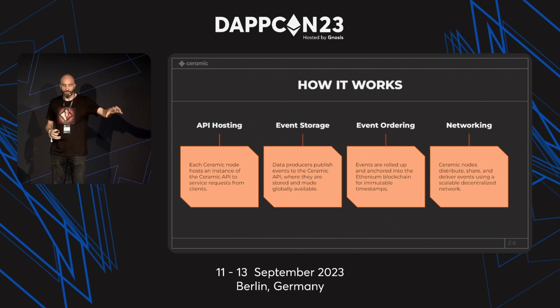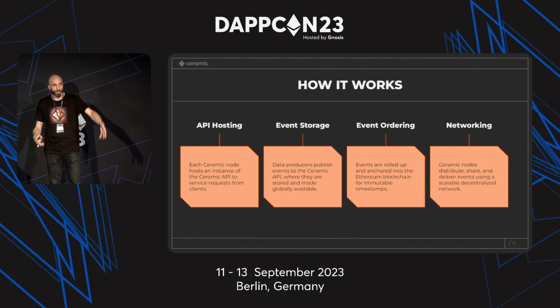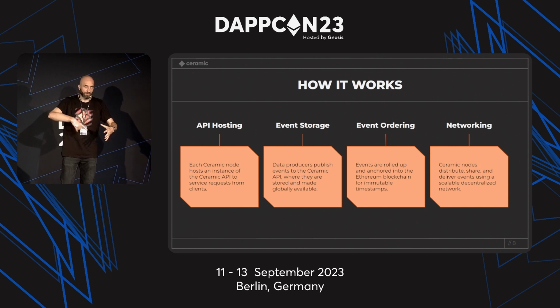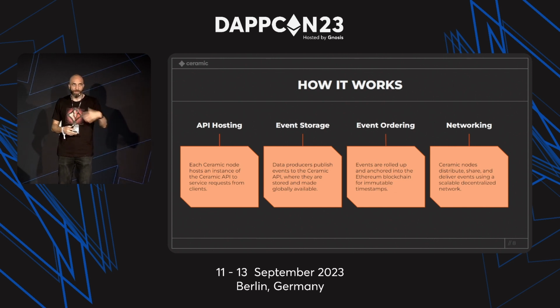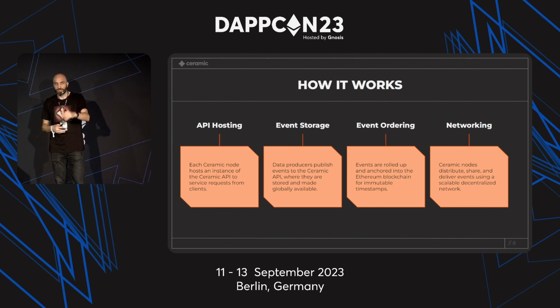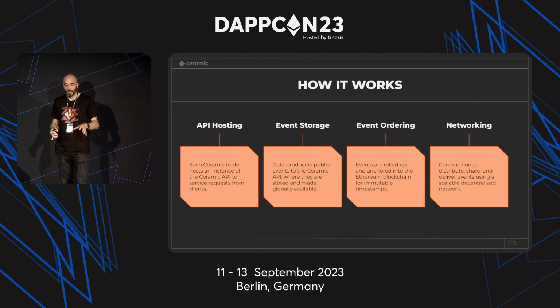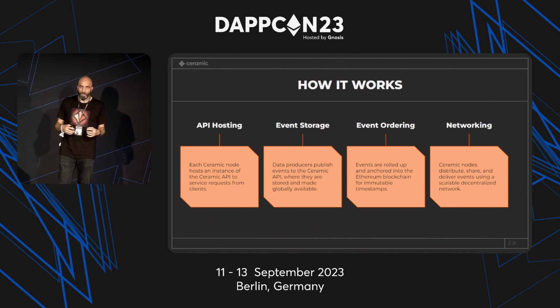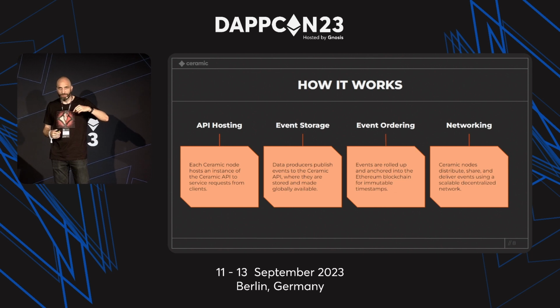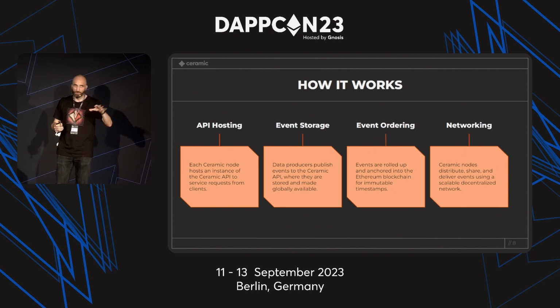So this is how it works. API hosting: Ceramic nodes that everybody can run, or you can clone another Ceramic node, for example, with that specific model and that specific data that you have from somewhere else. Event storage: the API, where Ceramic works like data streams, for example, Kafka for blockchain.